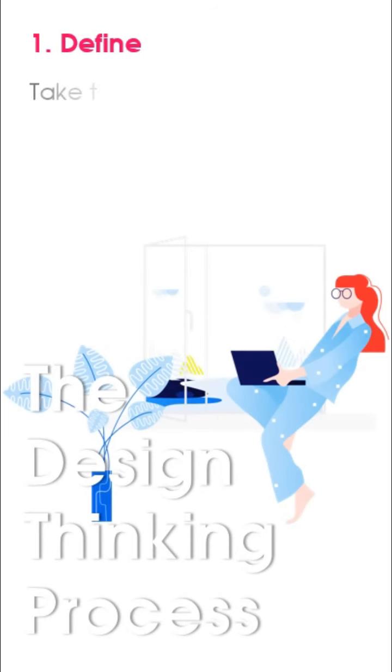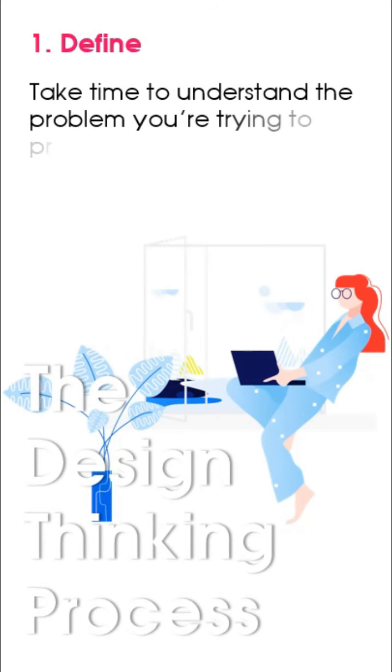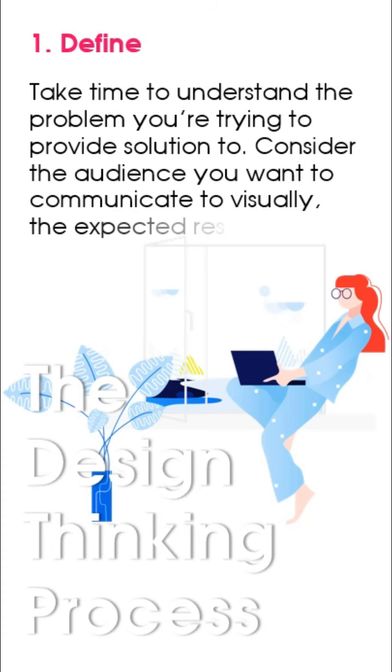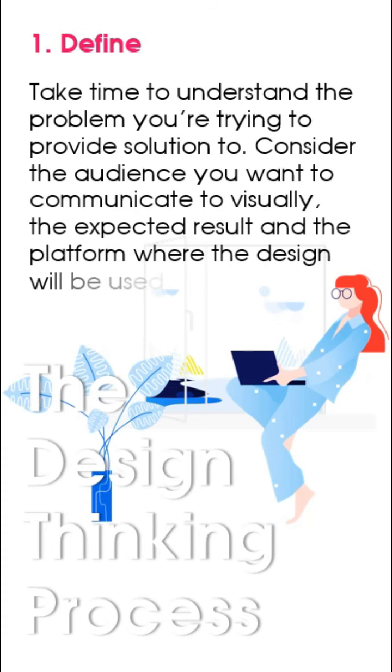The first stage is you define. Take time to understand the problem you are trying to provide a solution to. Consider the audience you want to communicate to visually, the expected results, and the platform where the design will be used. So you must be able to determine what it is that you want to produce. Consider your audience.